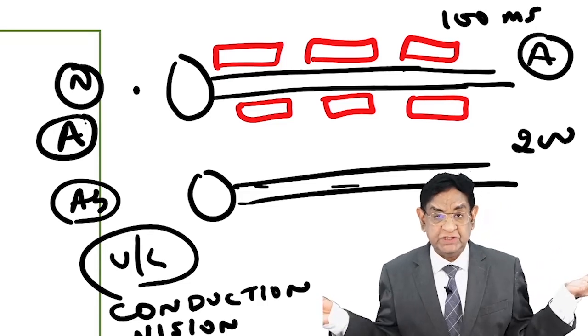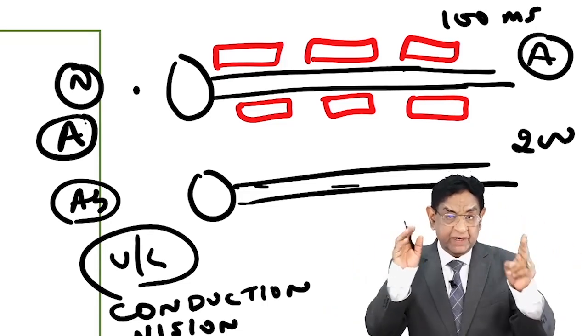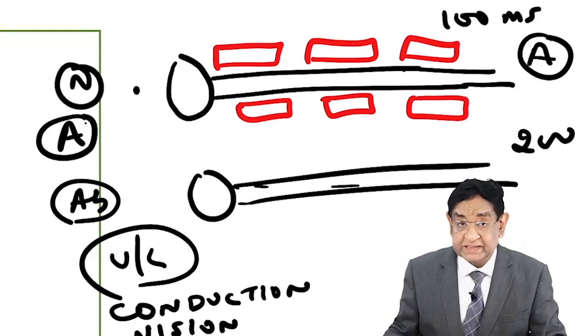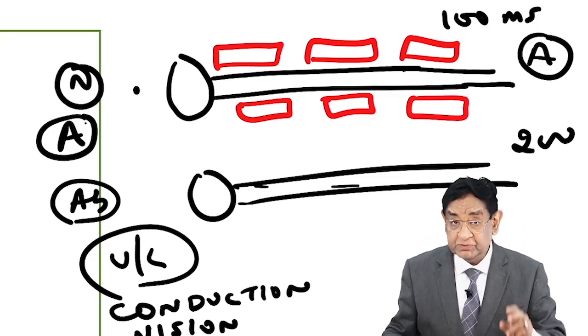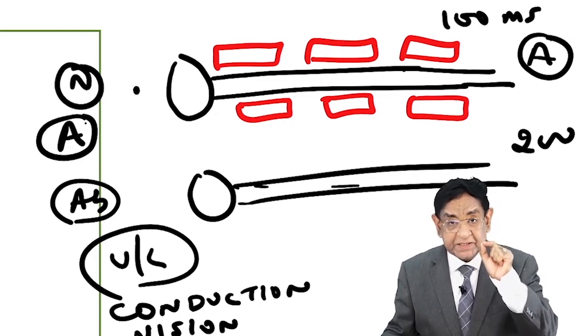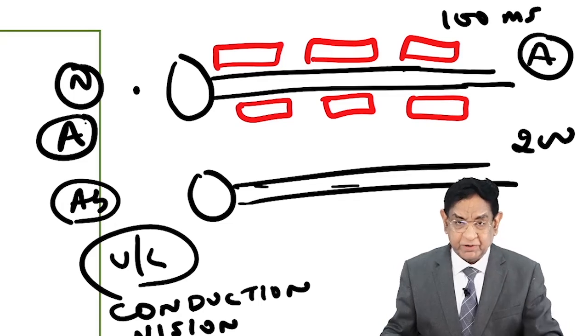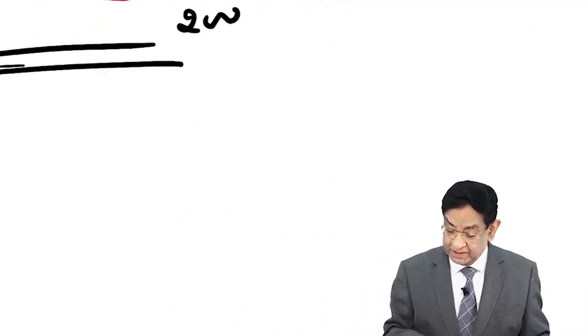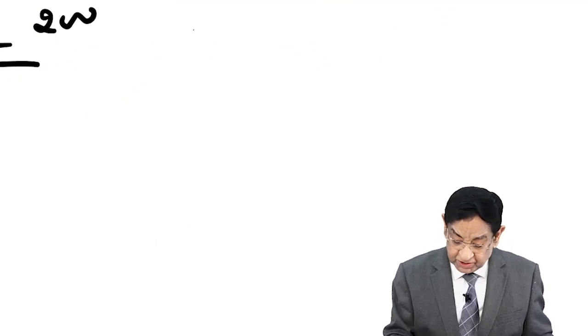Why? The velocity is slow. The patient will be getting two images of one single word. That disturbs the vision also. But in addition to that, golden line to remember: the patient has a vision problem, but what they say is, doctor, I cannot see.